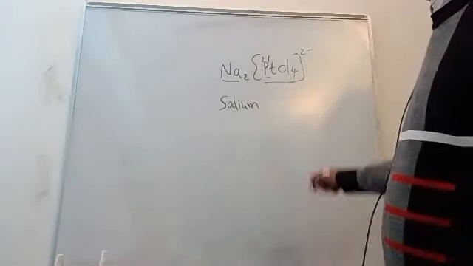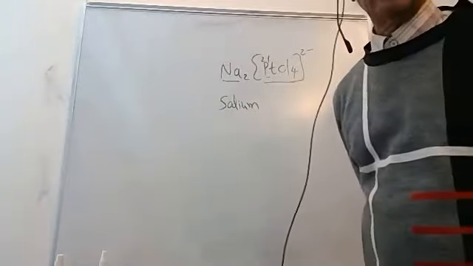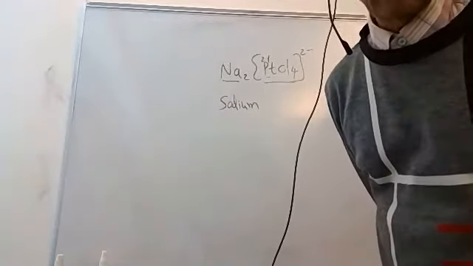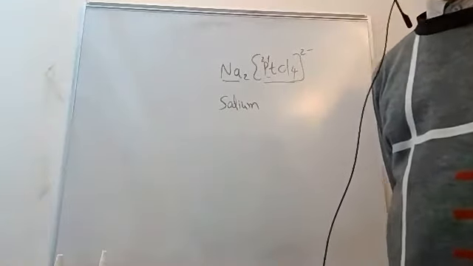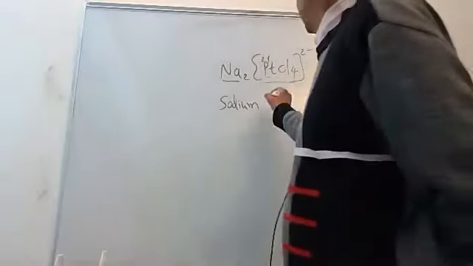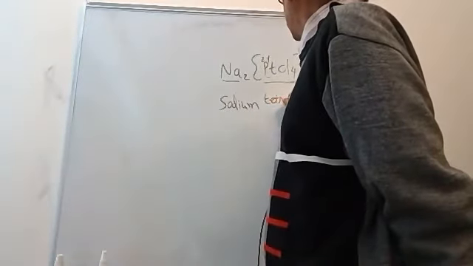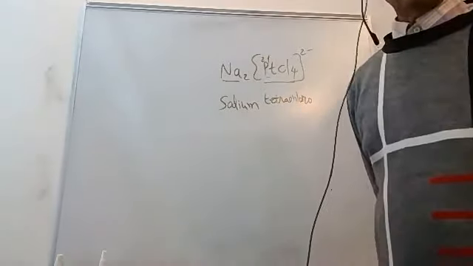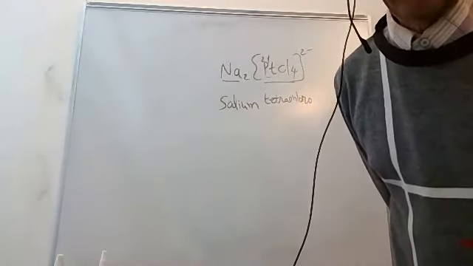What should be the name of this one here? We start with the anions, right? Chlorides. So what should we call this? Tetrachloro. Sodium tetrachloro. Here is a small difference.